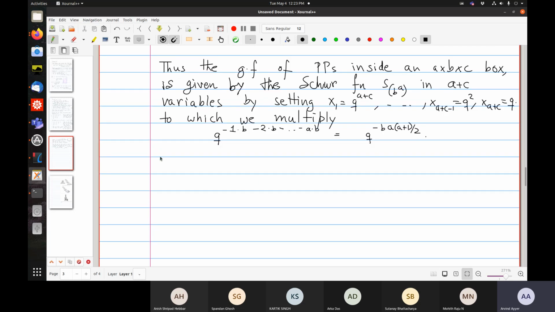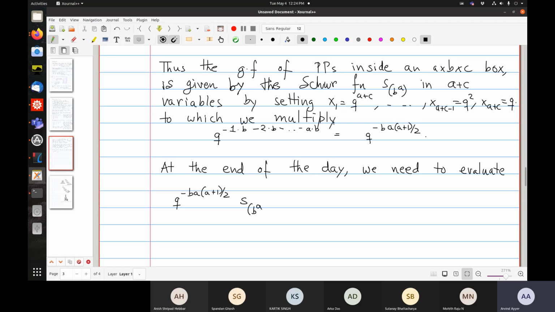At the end of the day, we need to evaluate q to the minus b (a plus 1) by 2 times s of b to the a.